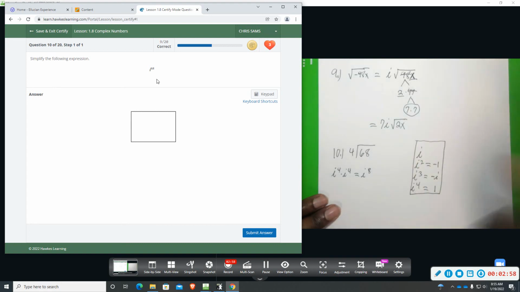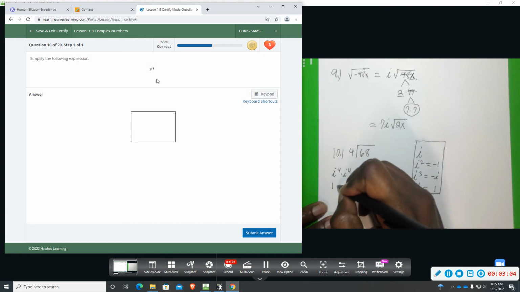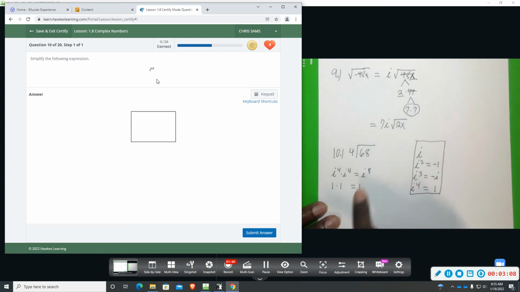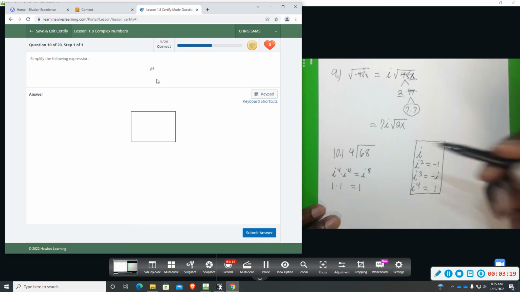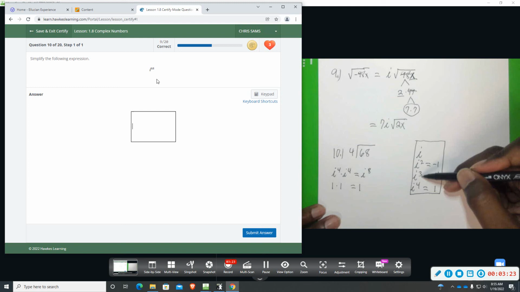Now, the whole reason I'm showing you this is i to the 4th is 1. 1 times 1 is equal to 1. So even i to the 8th is equal to 1. So the reason why I'm dividing by 4 is I'm finding out how many groups of 4 I have, and I'll divide those all out. They will just be equal to 1 times 1, however many times. Whatever your remainder is, that's going to be the iteration of i that we're left over with.